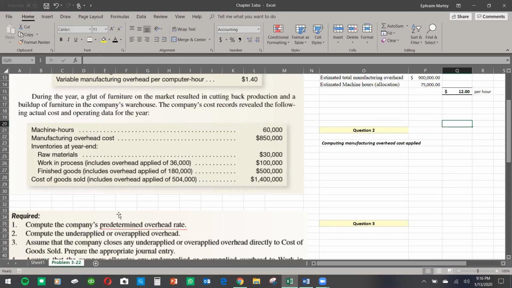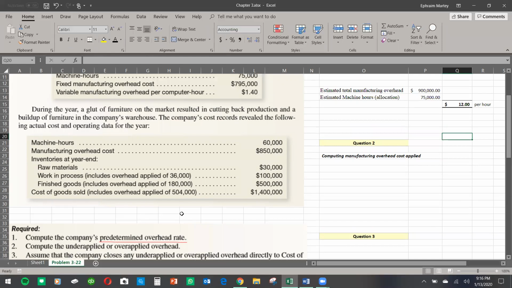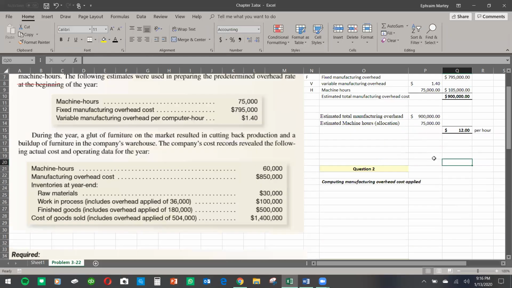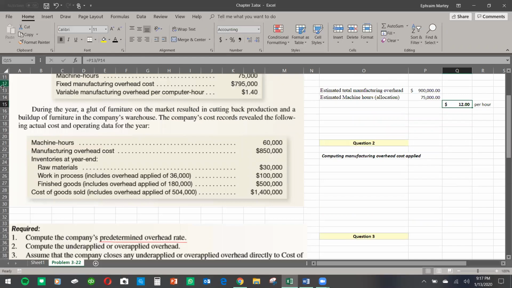Under-applied, over-applied. So we know that at the beginning, the company has estimated that every 1 hour, the cost is $12. But there's actual manufacturing overhead cost that was incurred during the year. So the company estimated this, and that is what happened.